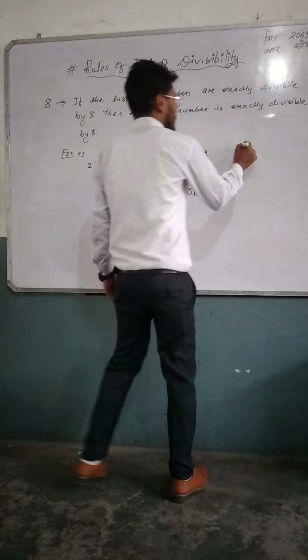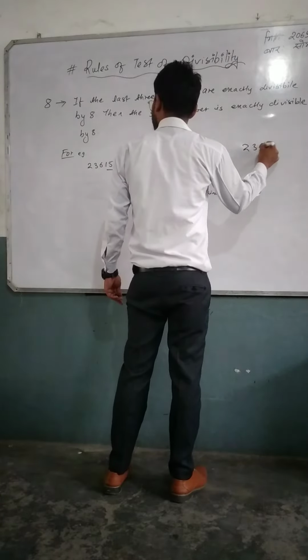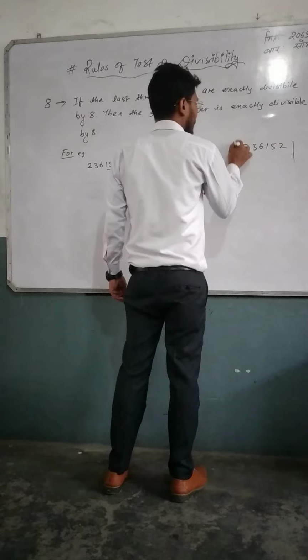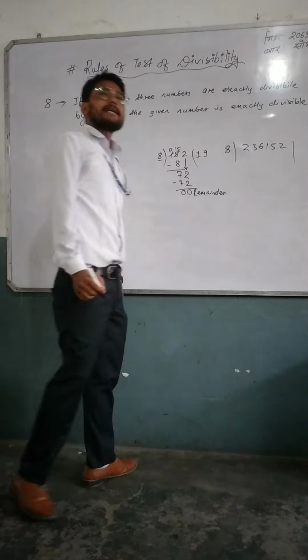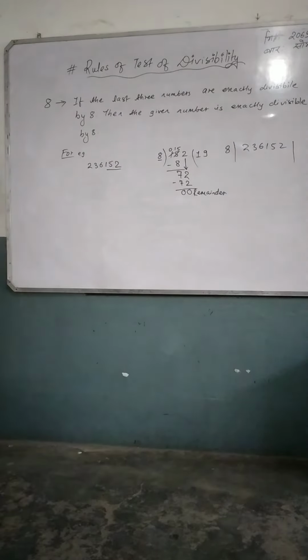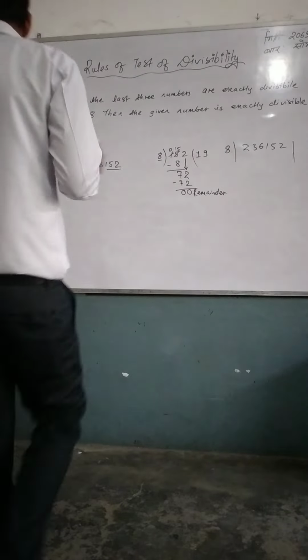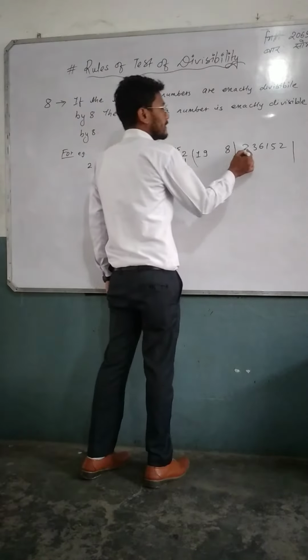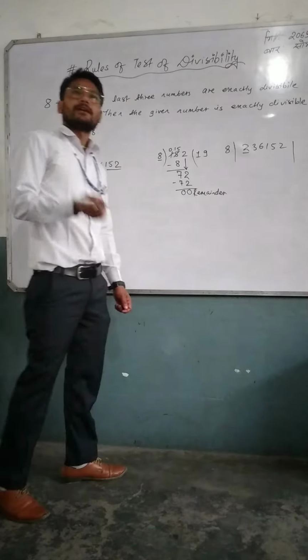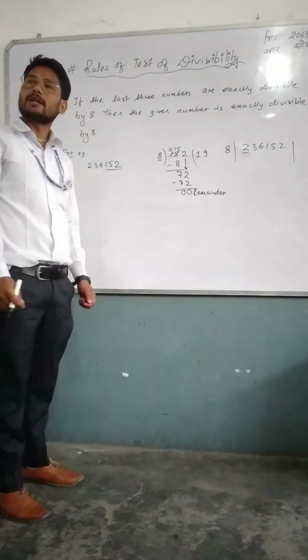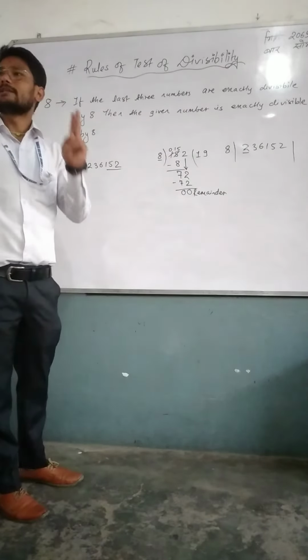So let us check these numbers: 2, 3, 6, 1, 5, 2 by 8 only. Now already I said you that if the divisor is single digit, we have to take the dividend also single only. If while taking that single digit, it is not there in the table of 8, equal to or lesser than is not there, then only at the time we have to take the double digits.